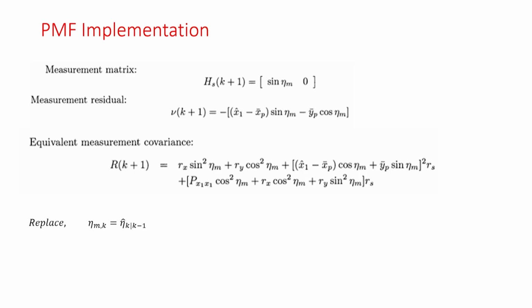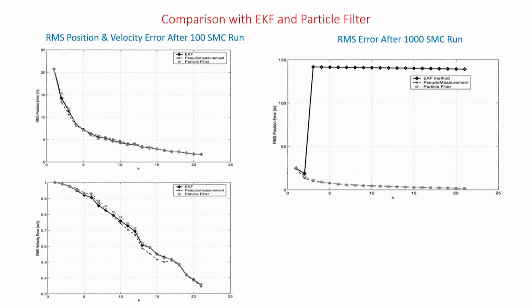Now, when you compare your EKF versus your pseudo measurement filter, I removed a small thing, just a correction: this won't be particle filter, this is PMF, the pseudo measurement filter. Because I have not simulated the particle filter, we won't talk about it, we will talk only about EKF and PMF. If you see this, till 100 runs things are identical, EKF and PMF are identical.